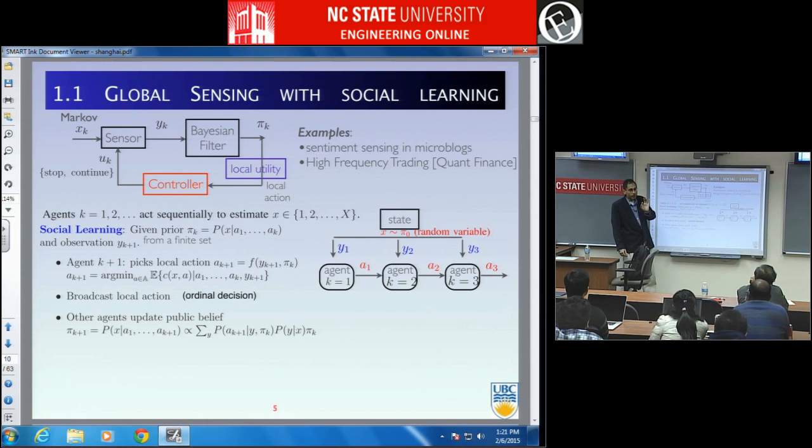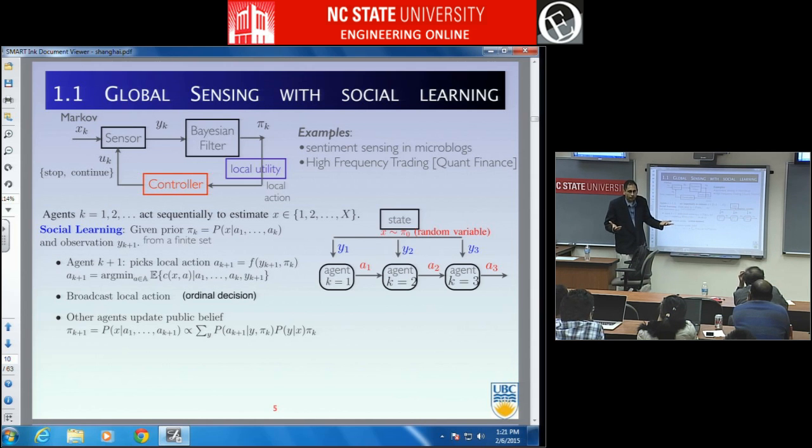Here there's a little interesting twist in social learning, and that's why it's such an interesting problem. So what the agent does, of course, is it gets its observation yk plus 1. And now it has to make a decision based on that. So the decision it makes is it chooses a decision to maximize or minimize, in this case, a local cost function. Okay, every agent is a utility maximizer. So there's a local cost function, c of x comma a.